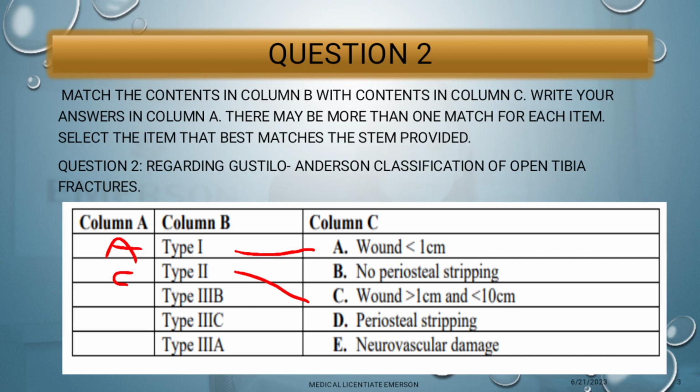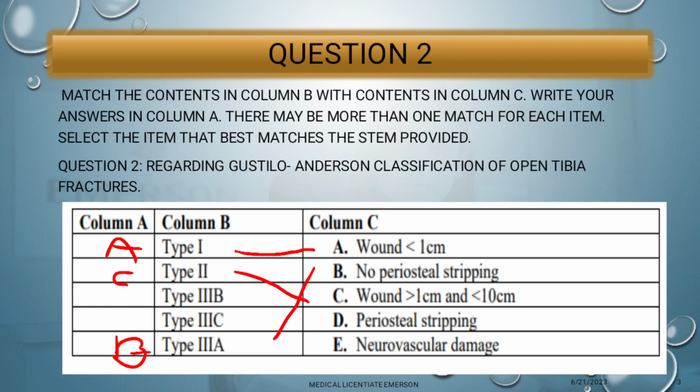So this is C. Then type 3, we have type 3A, B, C. Type 3A, we have a wound more than 10 centimeters, with no periosteal stripping, which is this one. That's B.